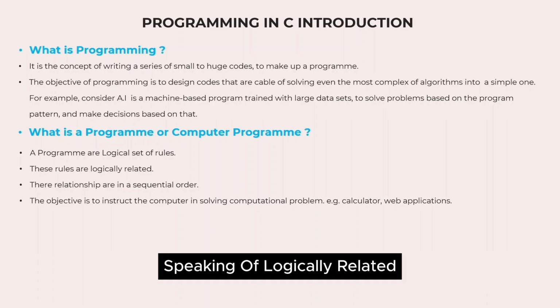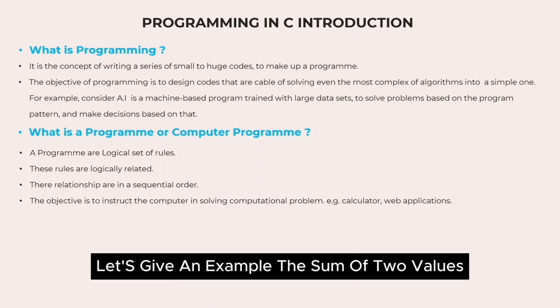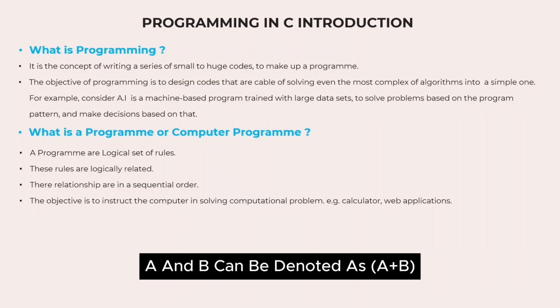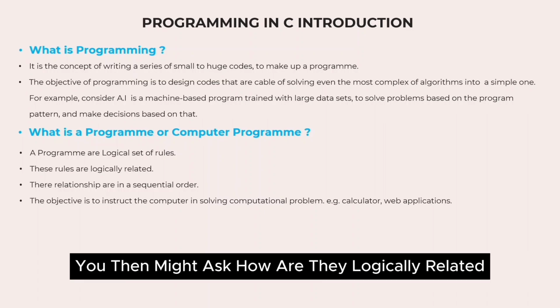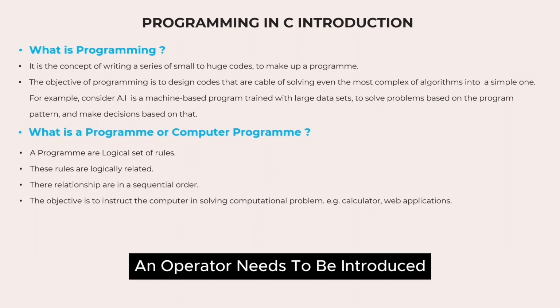Speaking of logically related, now comes the question, how do I understand logical relationship in codes? Let's give an example. The sum of two values a and b can be denoted as a plus b. You then might ask, how are they logically related? To be able to obtain the sum of these two values, an operator needs to be introduced.